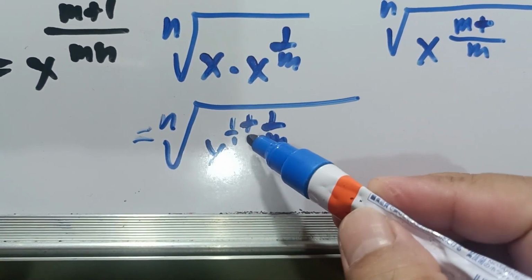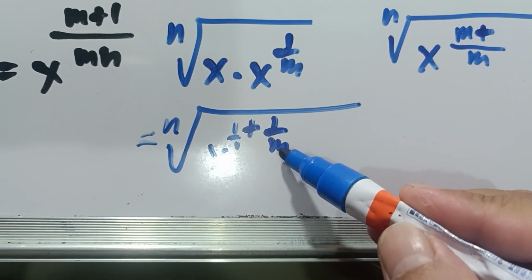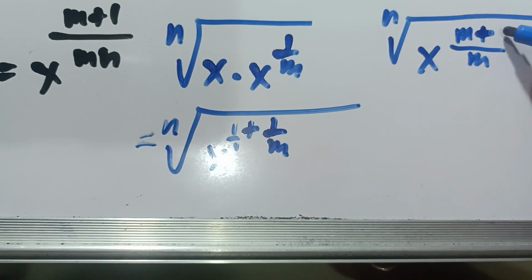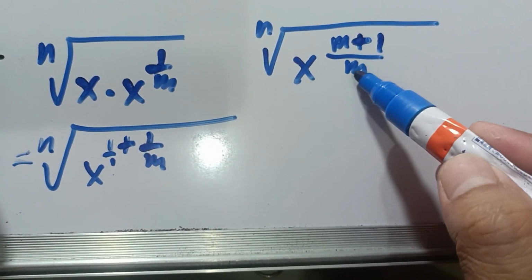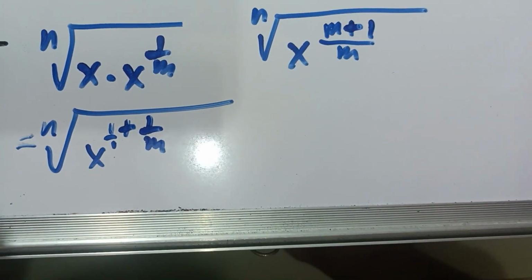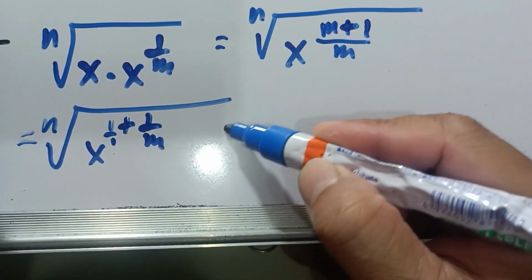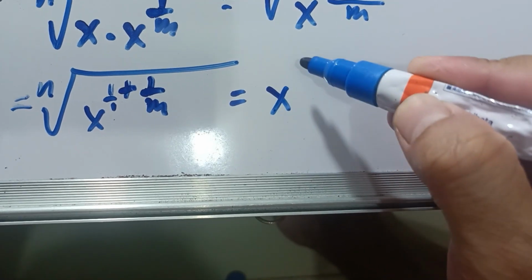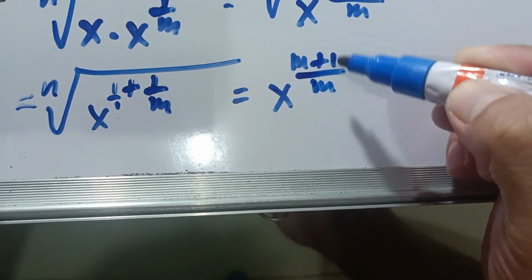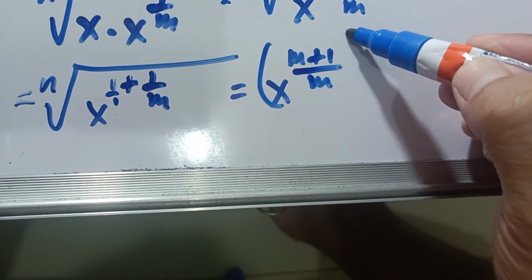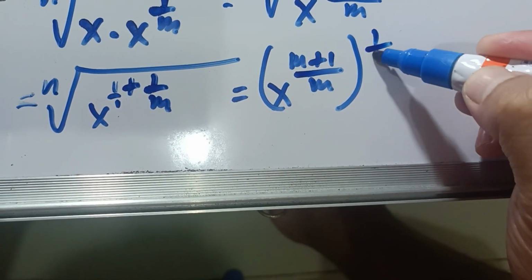Plus, copy the sign, positive. m divided by m equals 1 times 1 equals 1. So this will become x to the (m plus 1) over m. And we simplify this again: x to the power (m plus 1) divided by m times 1 over n.